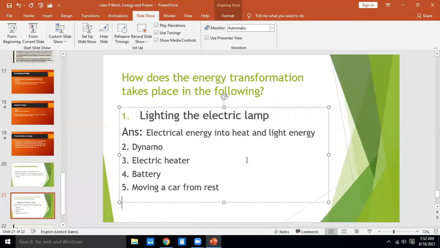Now another: eating of food, energy produced by our body, chemical energy into mechanical energy. In this way we can convert one form of energy into another form of energy. That is related with the transformation of energy.